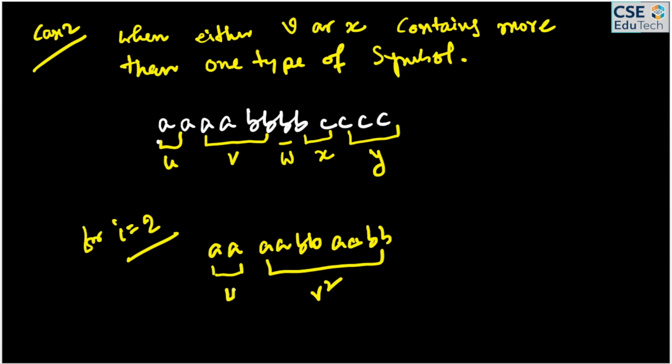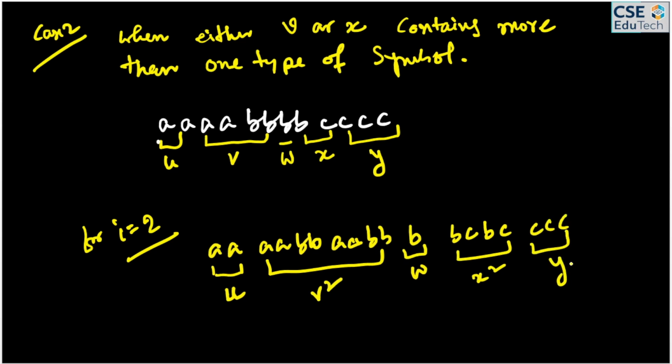Clear? It is U, and W means B, and X is basically BC, so X2 means BC, BC, and finally Y is C, C, C. So look, it contains 6 A's, 6 B's, and 7 C's.